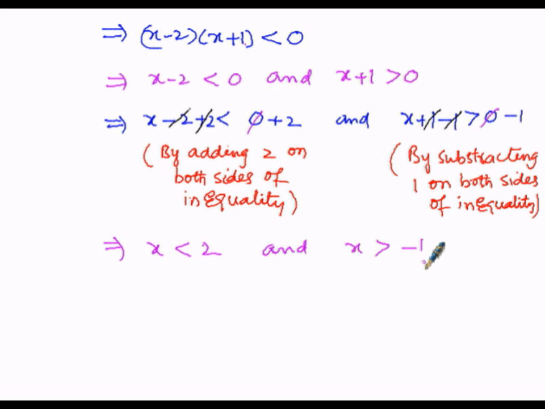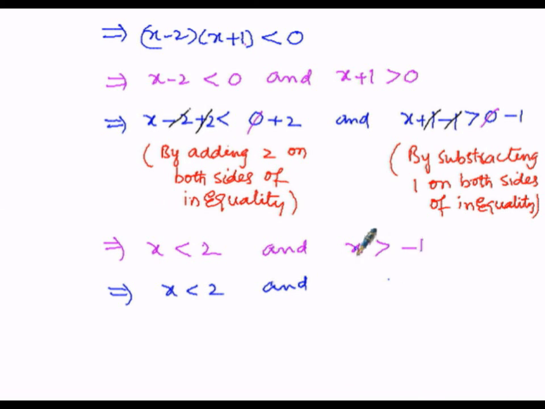Then now, the next logical step: that implies x less than 2 and x greater than minus 1. When we interchange the greater than symbol as less than, so here when x is greater than minus 1, then automatically minus 1 will be lesser than x.